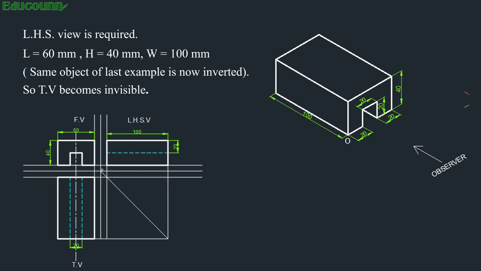In the top view now, the surface changeover is indicated by hidden lines instead of dark lines, because the portion of that slot is invisible in the top view. So two hidden lines are shown 20 mm apart from each other in the top view. You can see that in the form of dotted lines. So this is the solution of the inverted C-shaped slot.